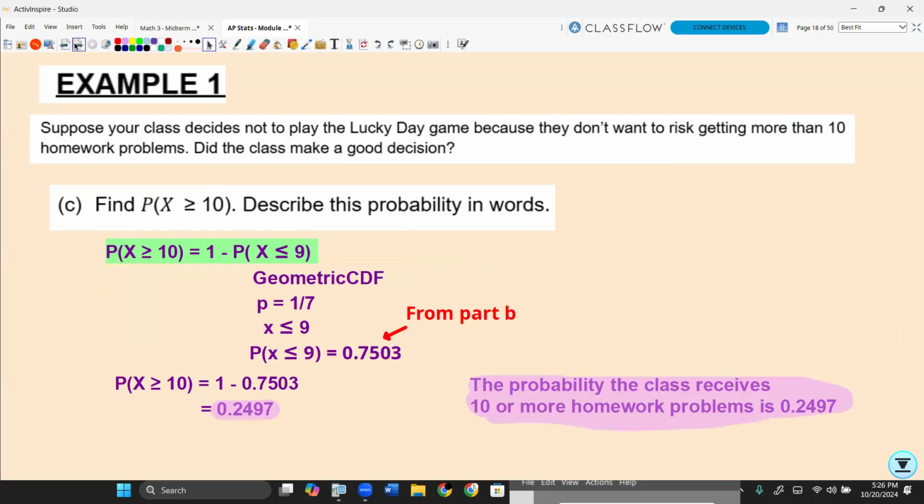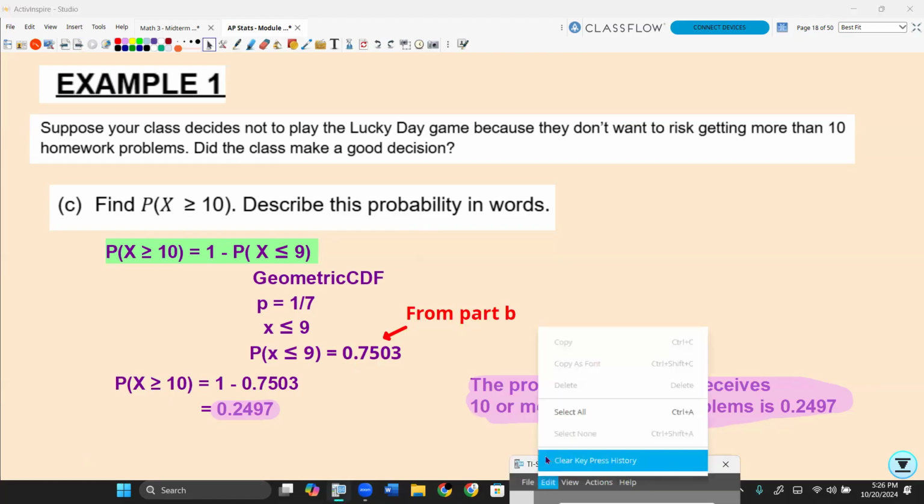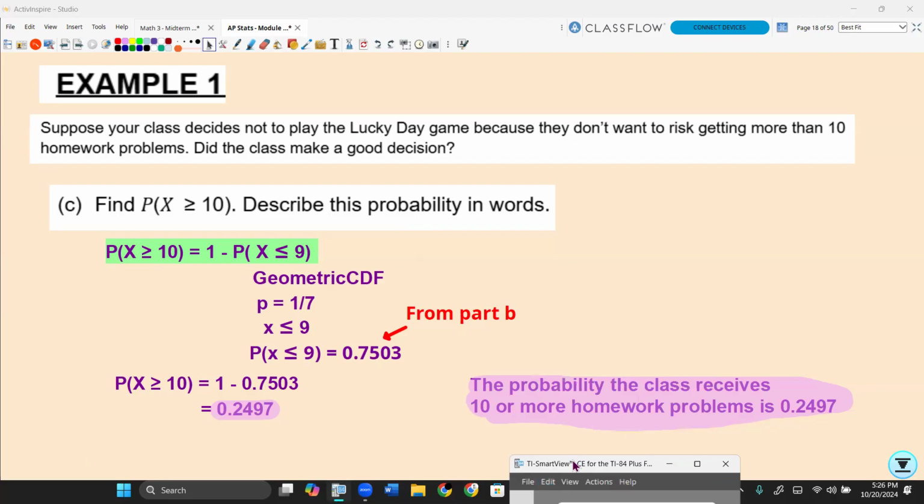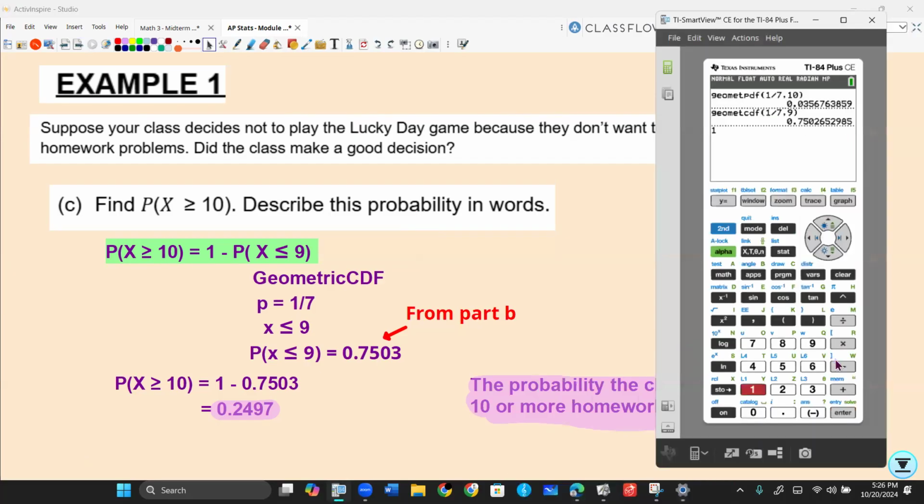So in this case here, we can just subtract what we calculated from 1, and you get about 0.2497. And the probability the class receives 10 or more homework problems would be about 24.97%. So that calculated work doesn't really need to be shown because we already did it, but you would take this number here and do 1 minus that to get 10 or more.